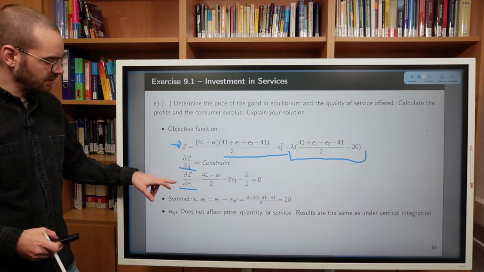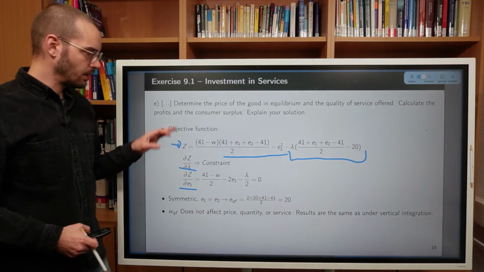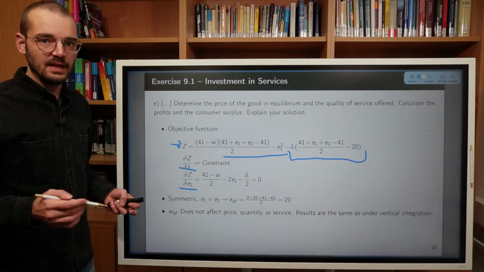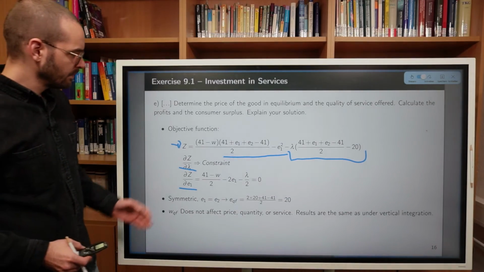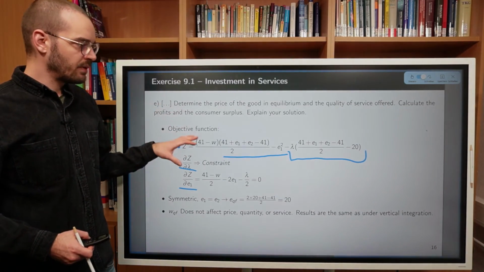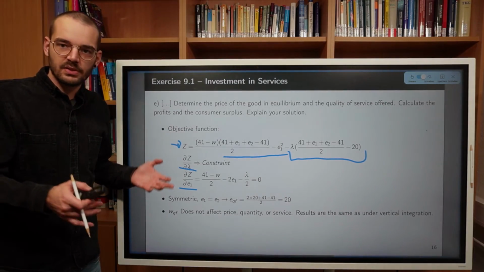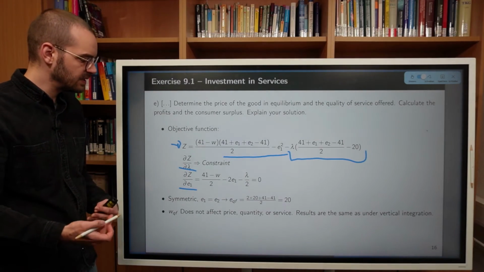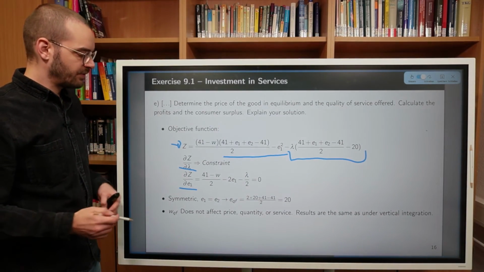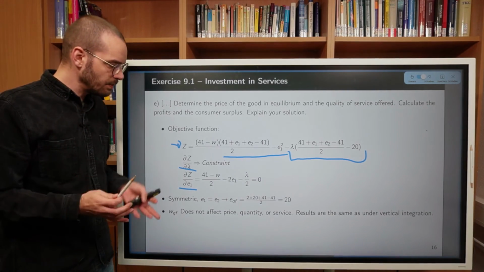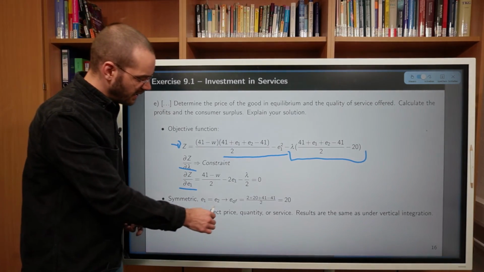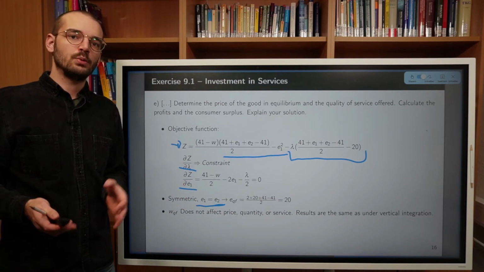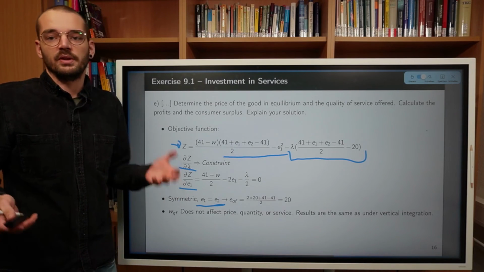And then second, we have the partial derivative of this objective function with respect to the profit maximization parameter E, the amount of services. Now we technically have this for both of the downstream firms. By symmetry, it's of course the same for both of the downstream firms, just with interchanged indices. And by symmetry of the firms, we also immediately may simplify our equations by introducing that the amount of services provided by firm 1 will be exactly equal to the amount of services provided by firm 2, because they are symmetric.